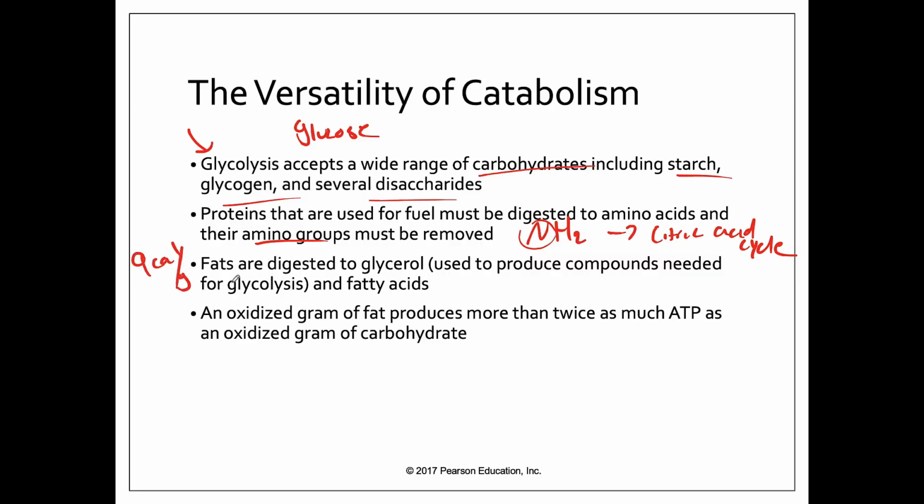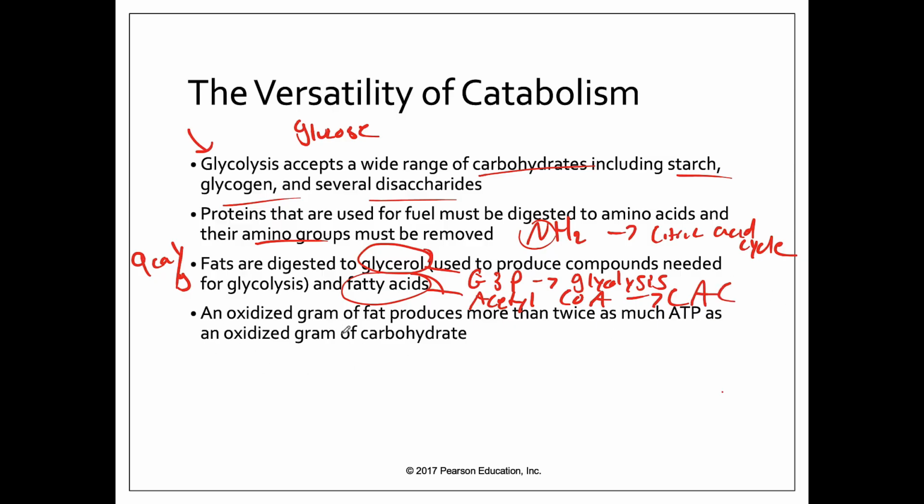Fats, remember, have the most calories per gram. So fats actually have a ton of energy stored. The glycerol is broken down into a product called G3P, which is actually one of the intermediate steps of glycolysis. And then those fatty acids can be broken down into acetyl-CoA, which can then go into the citric acid cycle.